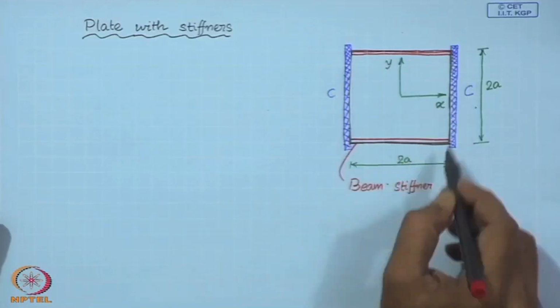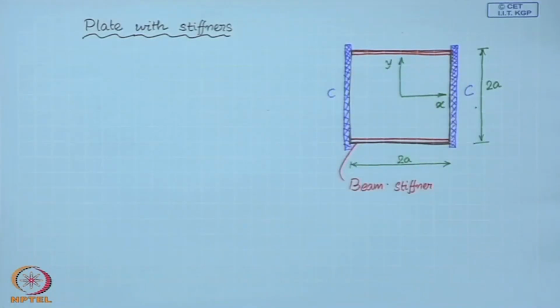So, we have two stiffeners on these two free edges.